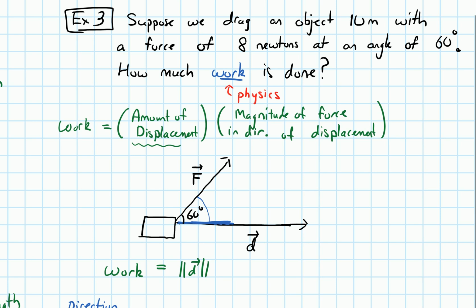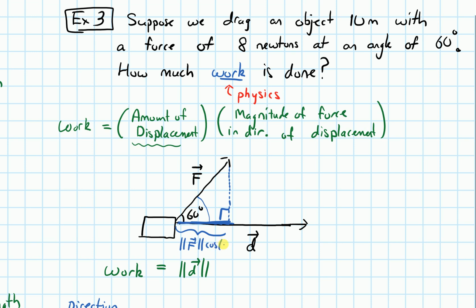What does that mean exactly? That's talking about if we were to project the force vector orthogonally, perpendicularly down, and then look at that part of it. We want to know the length of that projection. The length of that is the length of f times the cosine of this angle.